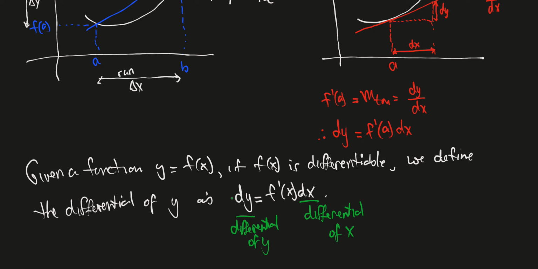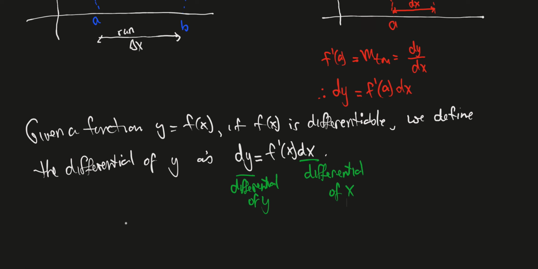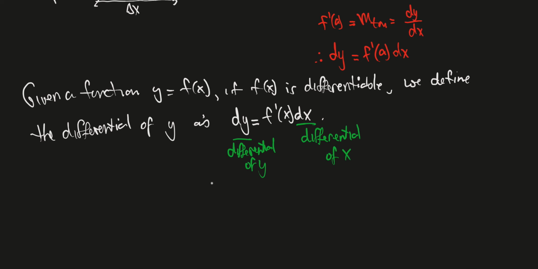And in a second, we're going to see how the delta y and the delta x are actually related to the dy and to the dx. But before we get to that, let's just do a couple examples just to show you that, again, it's nothing new in terms of a process, but it's a new concept, the way we interpret this derivative, right? So let's do a couple examples here.